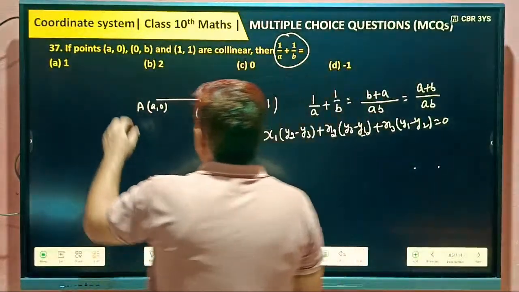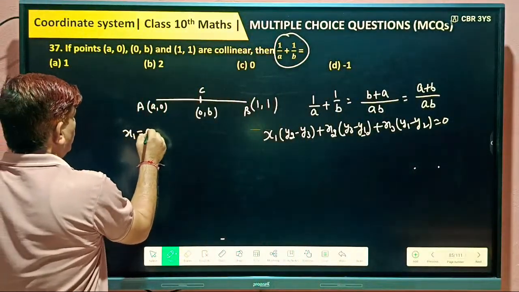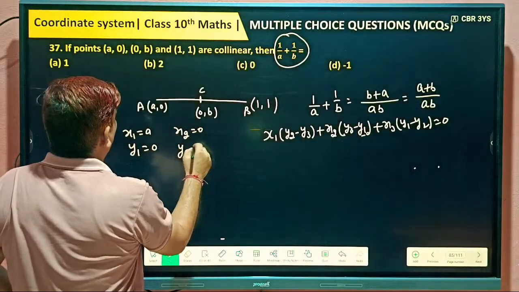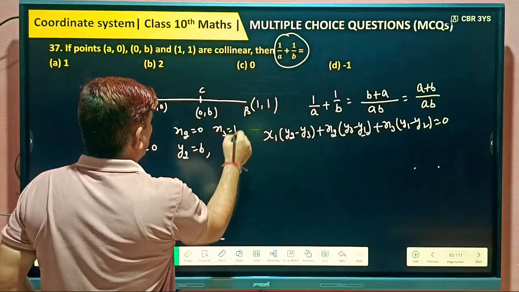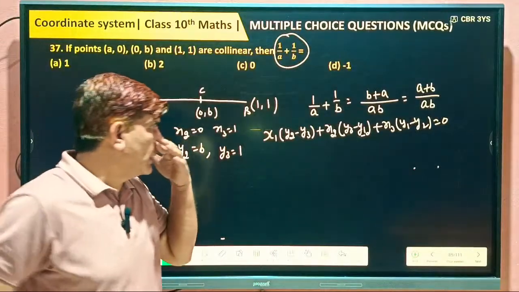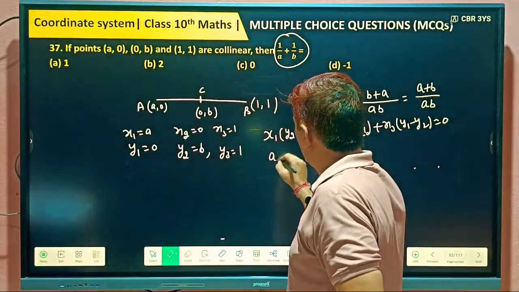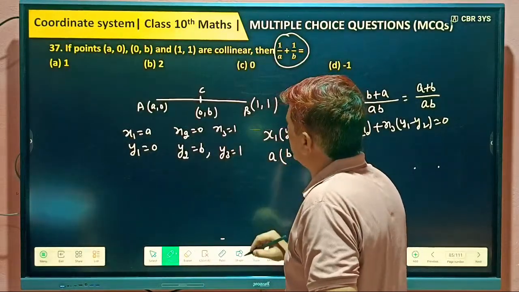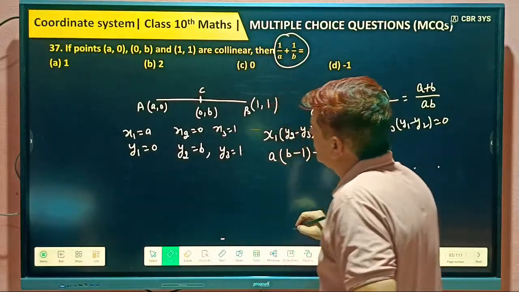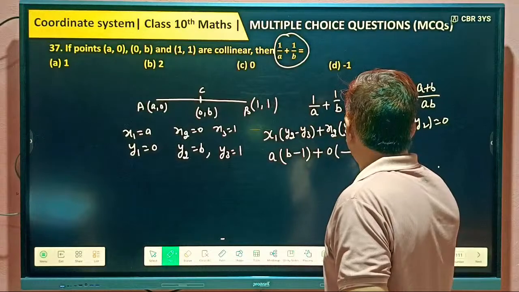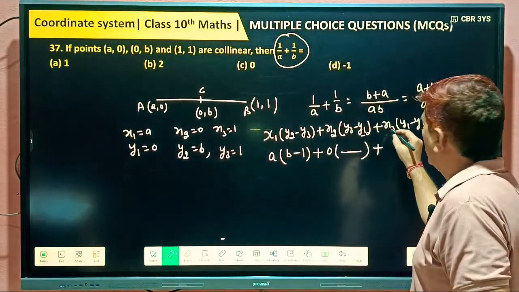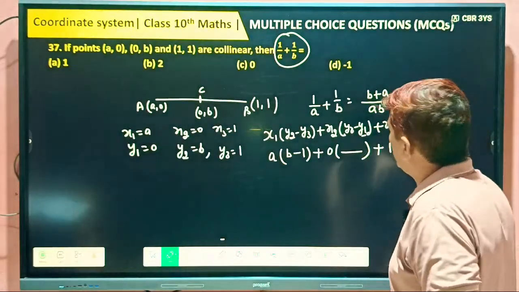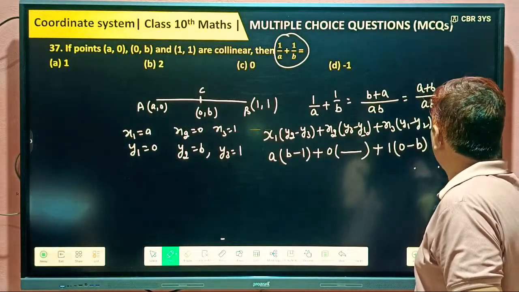Here we can write X1 equal to A, Y1 equal to 0, X2 equal to 0, Y2 equal to B, and X3 equal to 1, Y3 equal to 1. We will apply this formula. X1 here is A, times Y2 minus Y3, which is B minus 1, plus X2, which is 0, times Y3 minus Y1, plus X3, which is 1, times Y1 minus Y2, which is 0 minus B. This becomes 0.